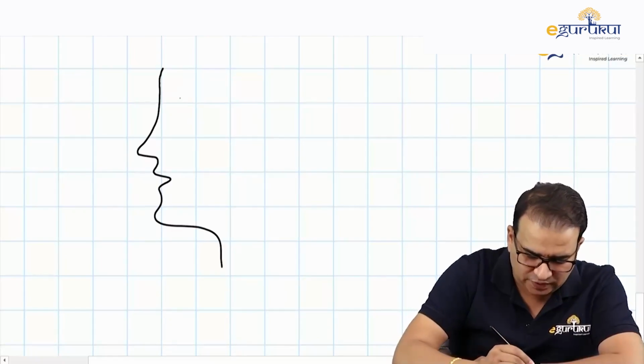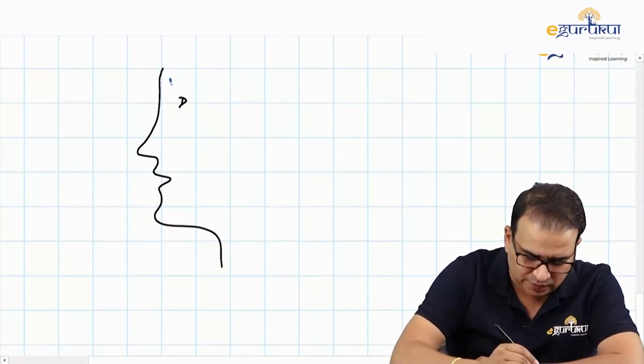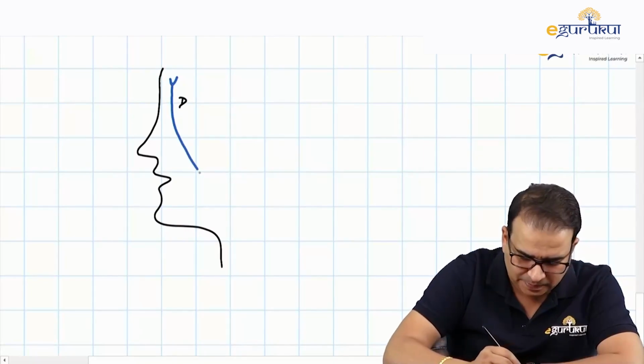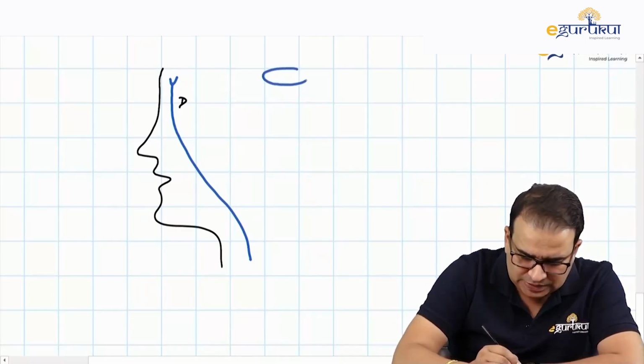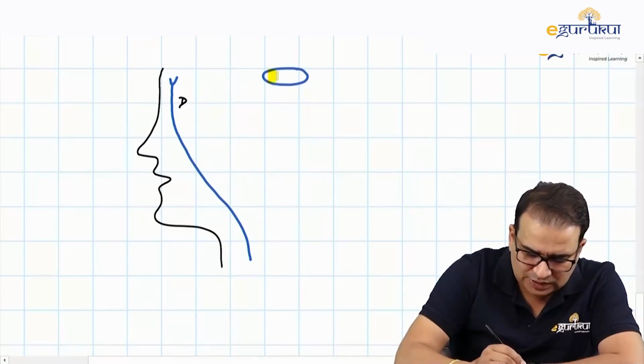Once again, this is the side of the face, and let's say here we have the angular vein and the facial vein. The cavernous sinus is present in the middle cranial fossa on the side of the pituitary gland.